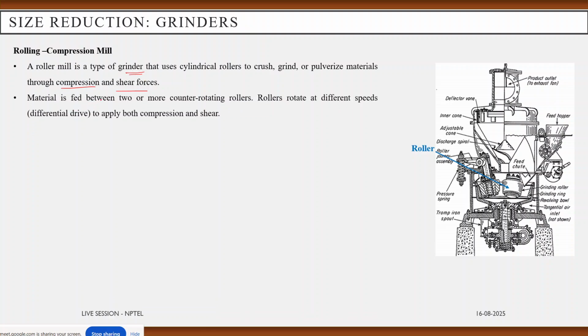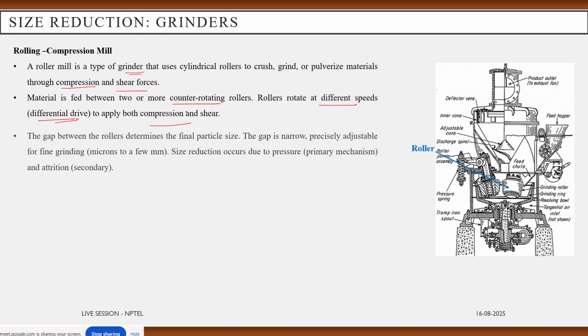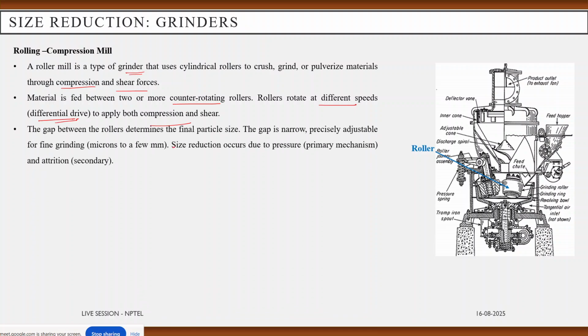So here the material is being fed between two or more counter rotating rollers. They can rotate at different speeds, where a differential drive can create both compression and shear stresses. So the gap between the two rollers determines the final product size. The gap is narrow and precisely adjustable for grinding finer size material.